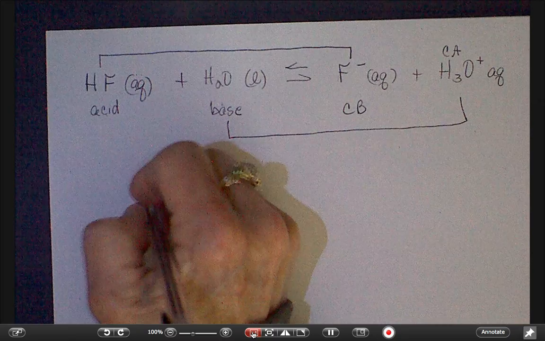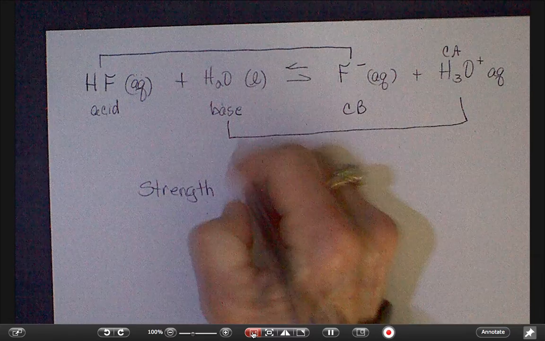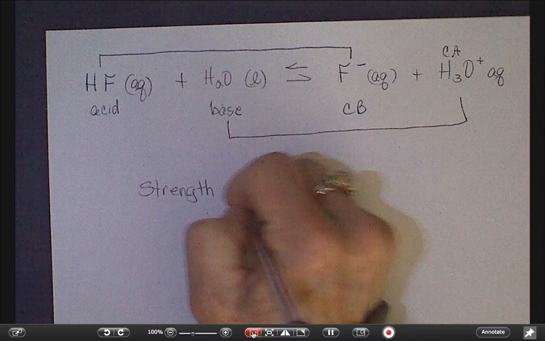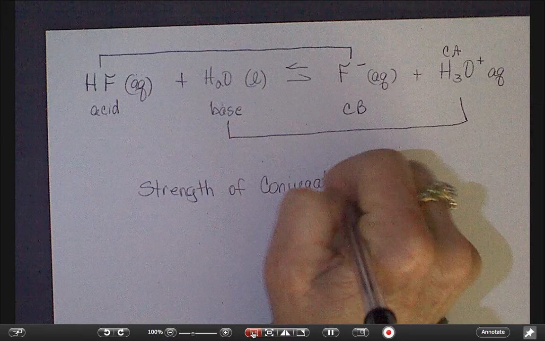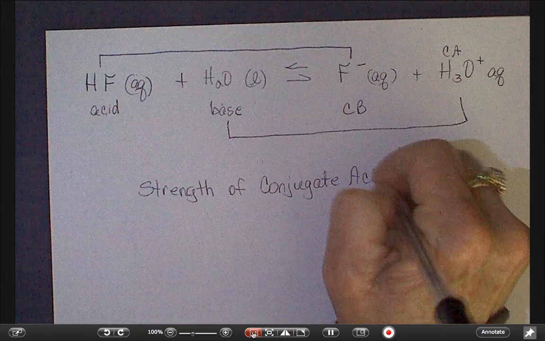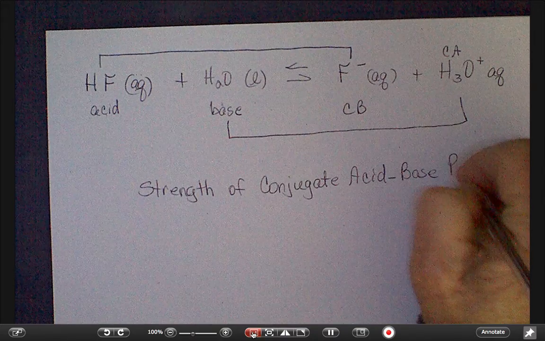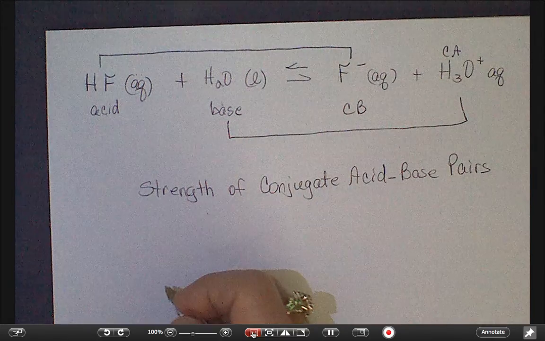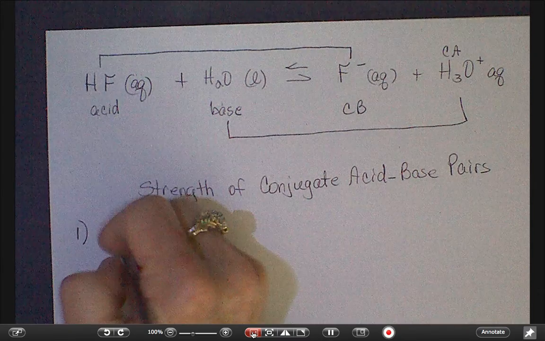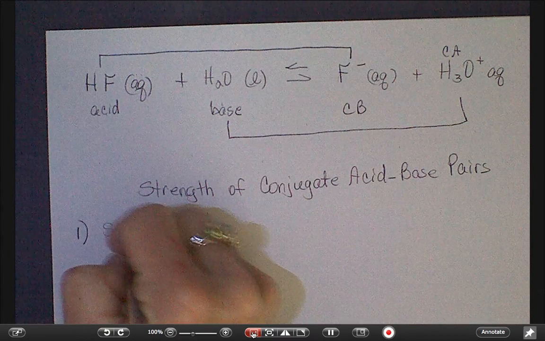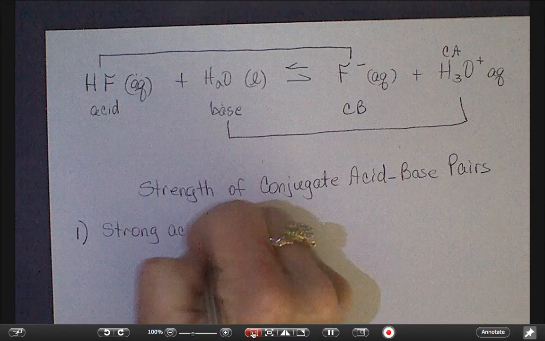Strength. One little short blurb here on strength of conjugate acid-base pairs. Okay, number 1. Strong acids. Do you have a list in your notes of strong acids? Yes. Okay.